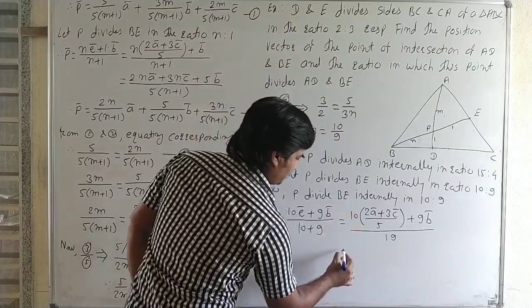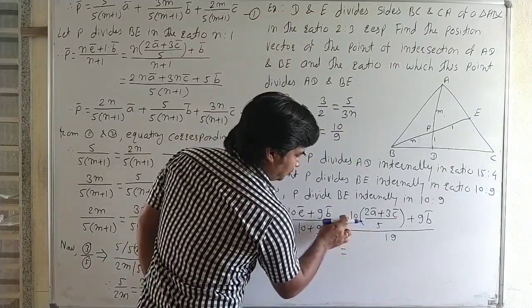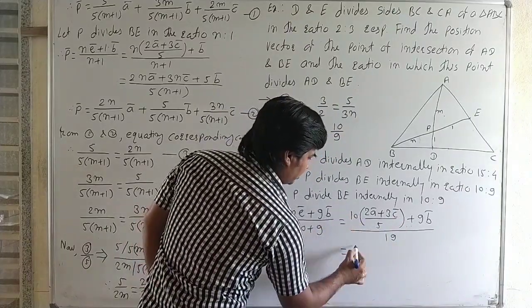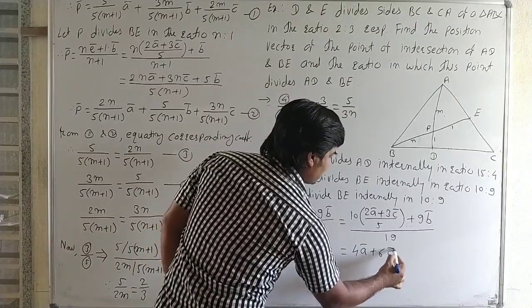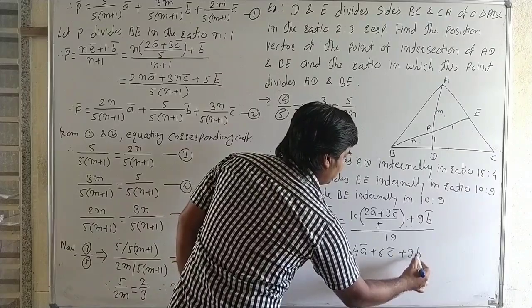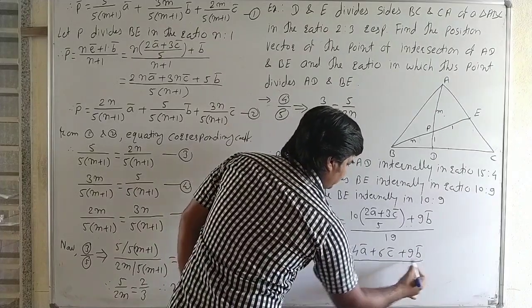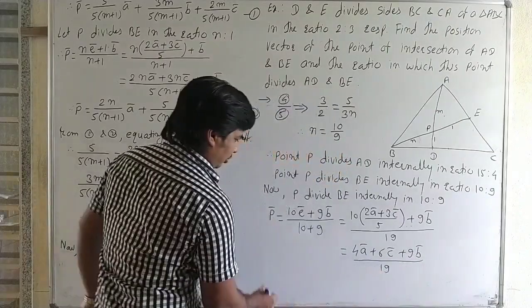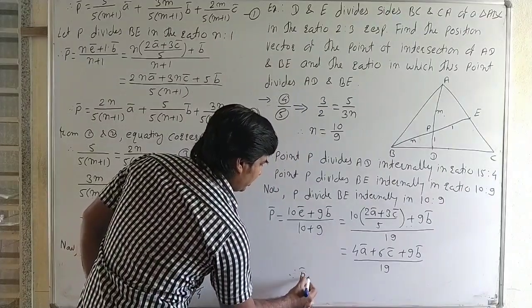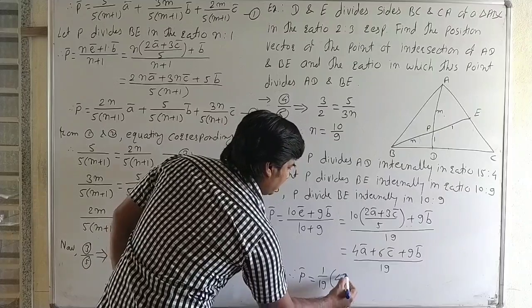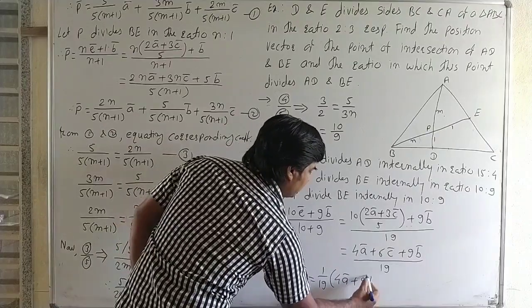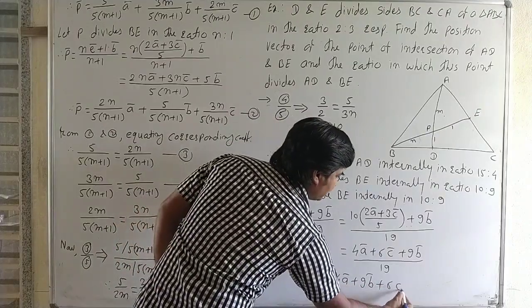Carefully, 5, 10, here 2, therefore it is 4A bar plus 6C bar plus 9B bar upon 19. It is the position vector of P, therefore P bar is equal to 1 by 19 into 4A bar plus 9B bar plus 6C bar.